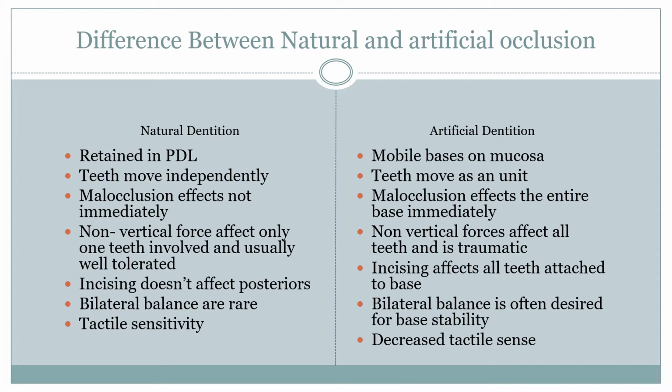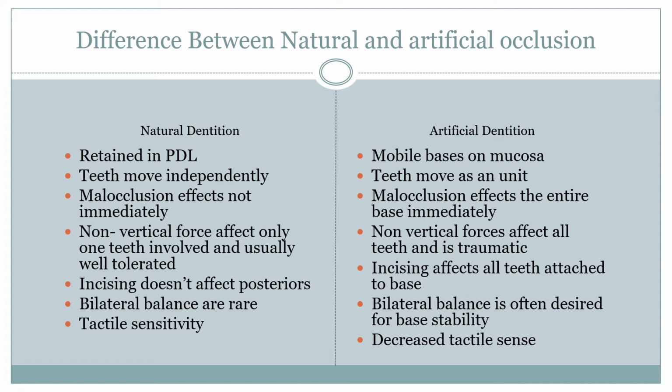Okay. If there is any malocclusion in your artificial dentition, such as a premature contact, then definitely this malocclusion affects the entire base, and the occlusion is affected. In your natural dentition, a non-vertical force affects only one tooth.